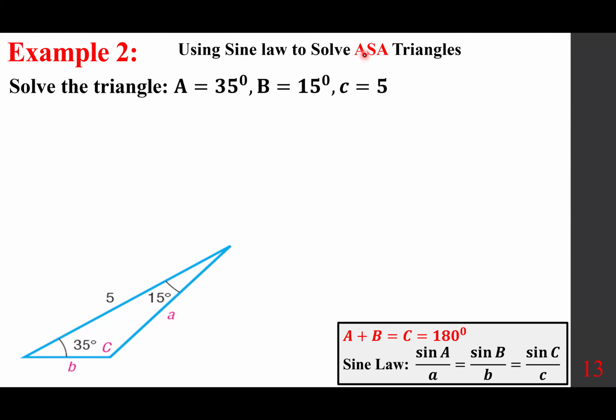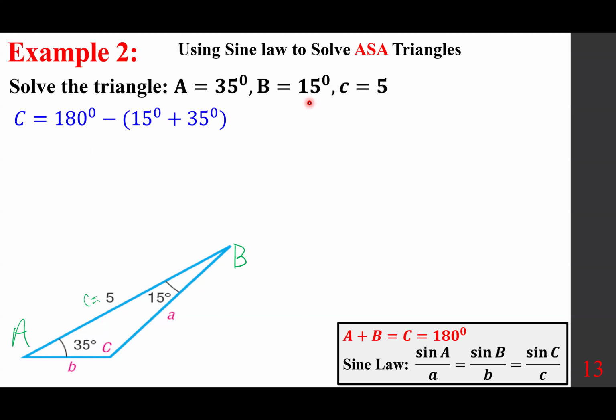This is lowercase c equals 5. This is angle B. This is angle A, and this is angle C. So obviously, we add the two angles and subtract from 180.